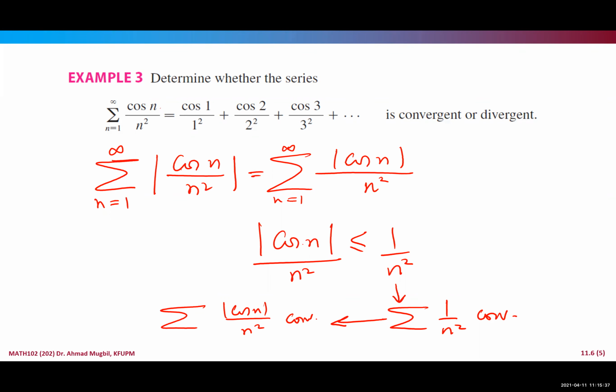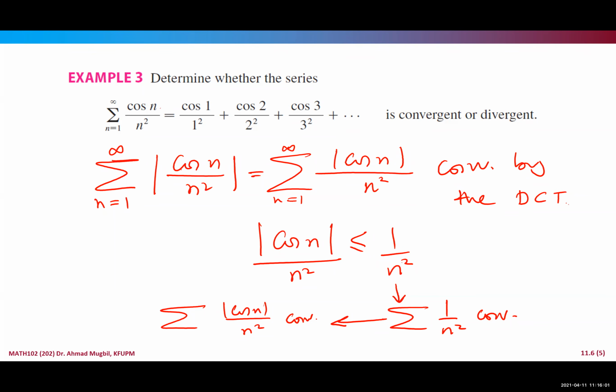If it is greater than a convergent one, we don't know. If it is less than a divergent one, we don't know. So this is clearly less than a convergent one, then it is convergent. So this one, ya shabab, is convergent by the direct comparison test.